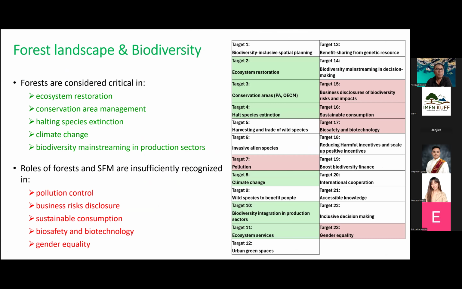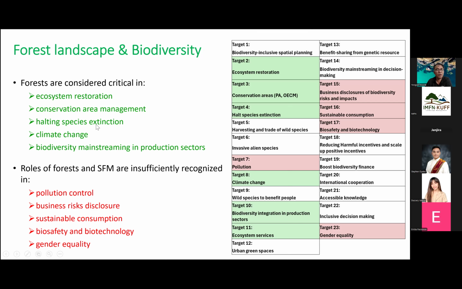So in conclusion, regarding forest landscape and biodiversity, forest is very critical and very important. So we have to do a lot of ecosystem restoration because the native forests have been degraded, and the intact forest should be allocated as conservation area.